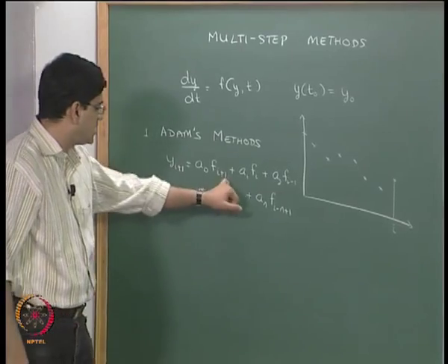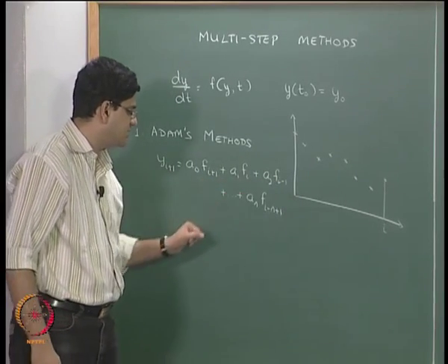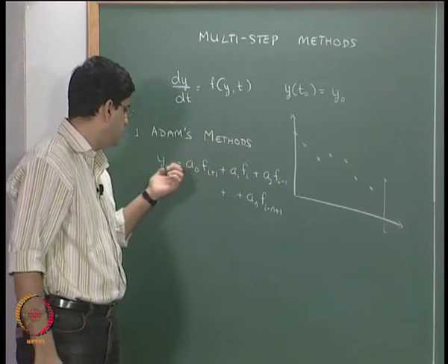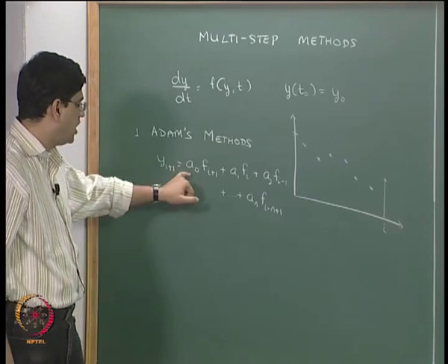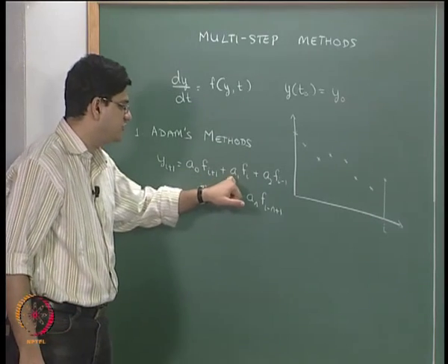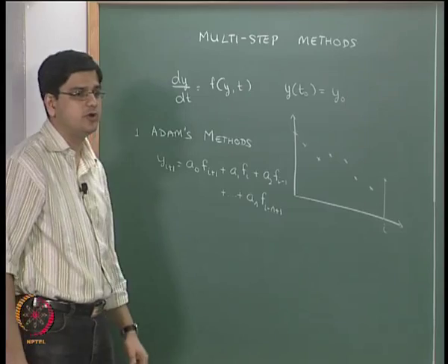Okay. So this is how we are going to use the Adams methods in order to compute yi plus 1. What we need to do is find out the coefficients a0, a1, a2 up to an.